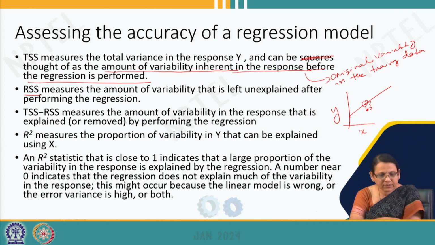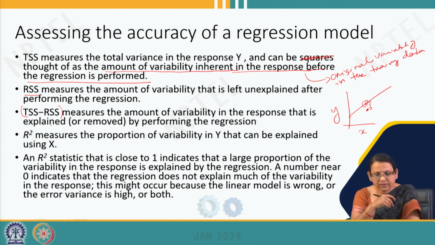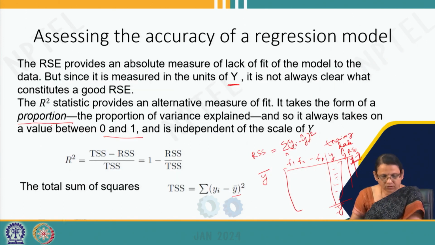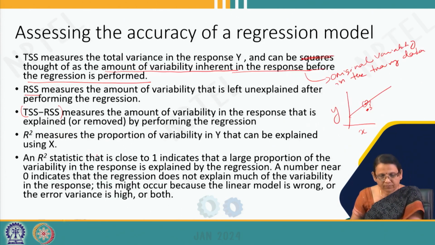Now, TSS minus RSS measures the amount of variability in the response that is explained by performing the regression. So, this is TSS minus RSS. This explains the amount of variability in the response that is explained.